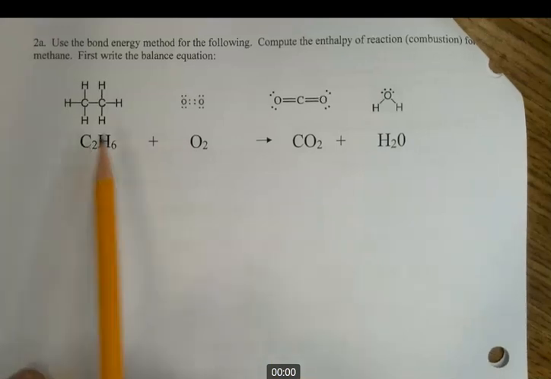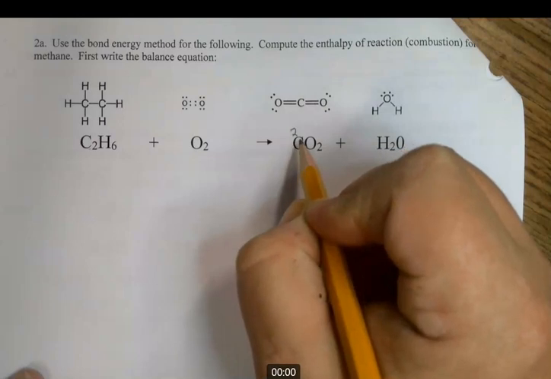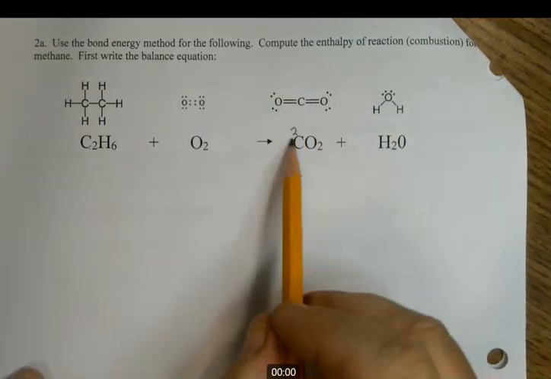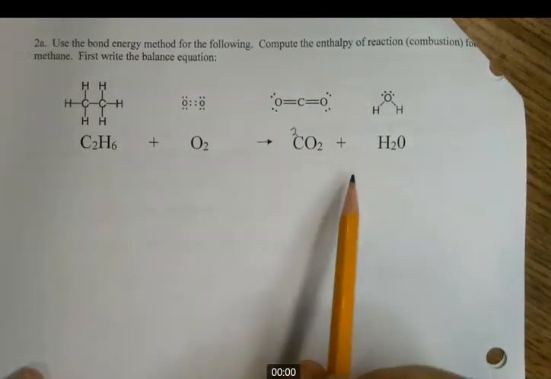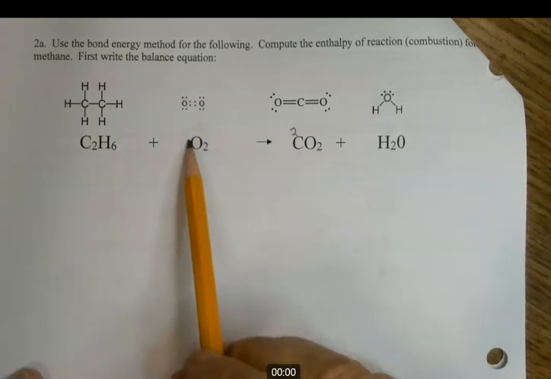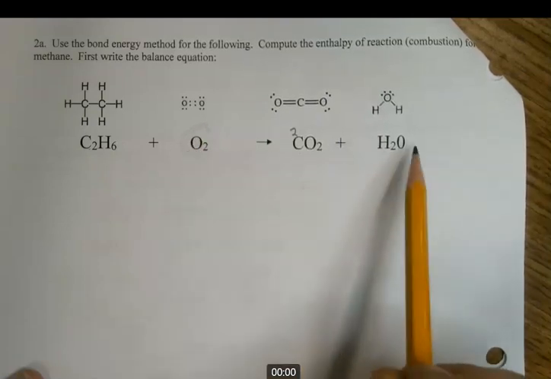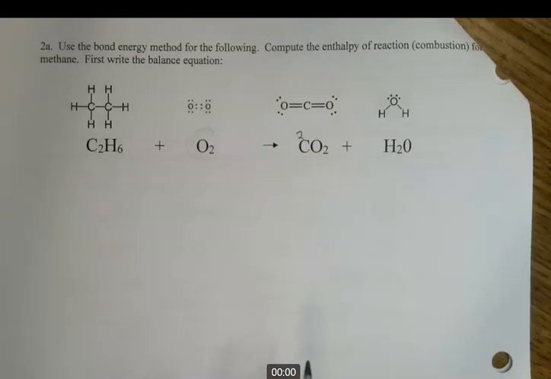We have 2 carbons on this side and 1 on this side, so I'm going to make that a 2. Now our carbons are in balance. That also affects this oxygen, but we don't want to deal with oxygen simply because it appears as a pure element, so you want to leave that till last. It also appears in two locations on the right-hand side, so leave it alone.